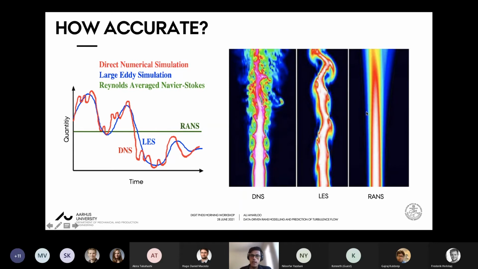That is RANS, the name I used in my title. It was named after Reynolds, so Reynolds-averaged Navier-Stokes.